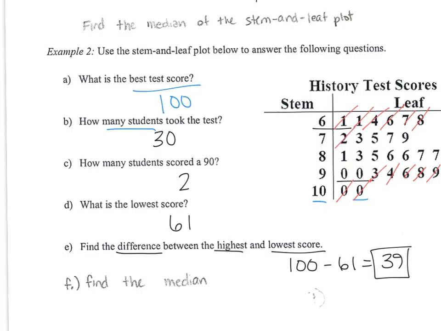Lowest, highest, lowest, highest, lowest, highest, lowest. 87, 79, 87, 81, 86, 83, 85, and 86. So in between 85 and 86 is 85.5, the median.